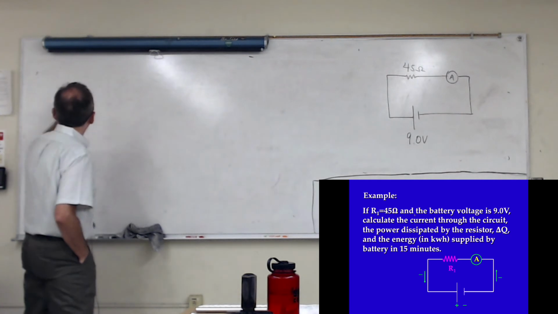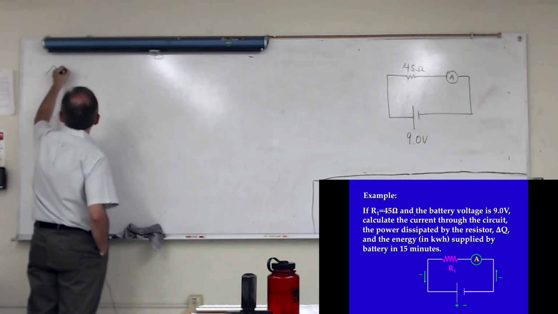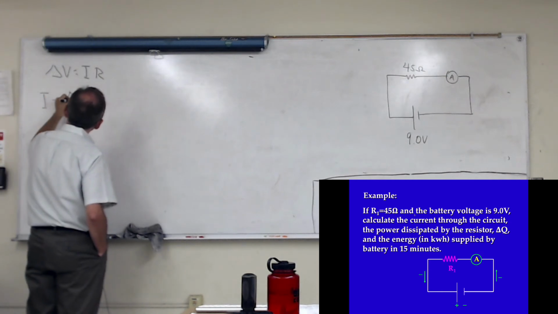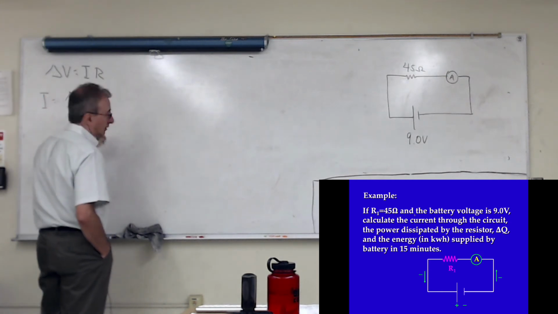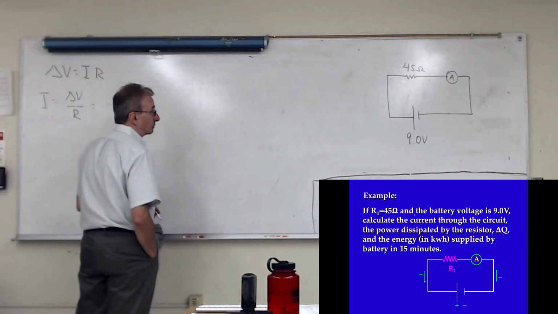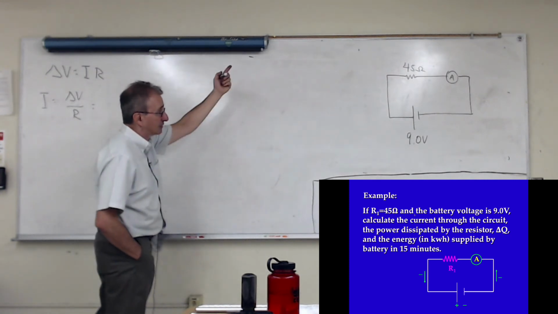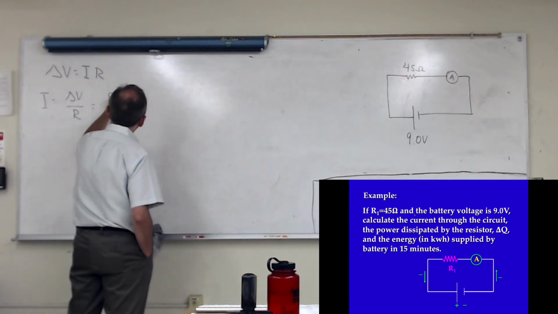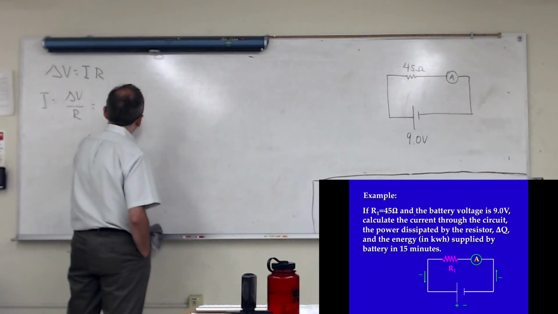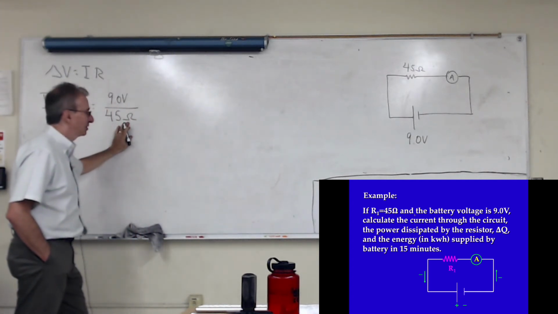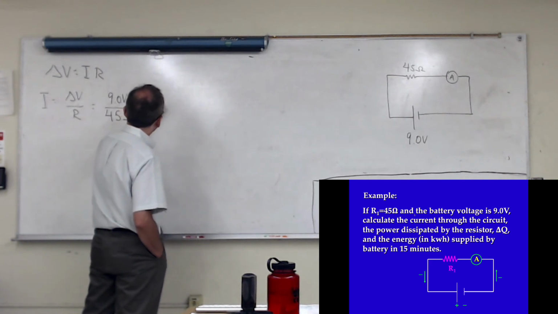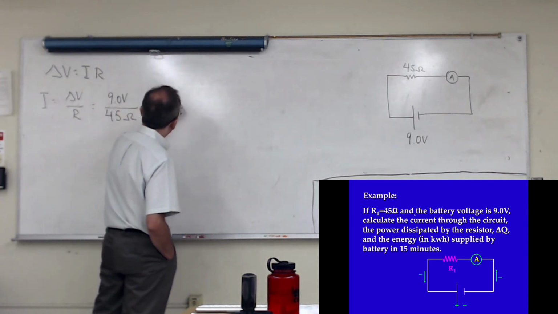So let's get I. Well, we know that delta V is I times R. So I is delta V over R. The potential difference across the resistor is the same as the battery voltage because all I have is the one resistor. 9 volts over 45 ohms. Remember, an ohm is a volt per amp. That's going to give me units of amps. This is going to be 0.20 amps or 200 milliamps.